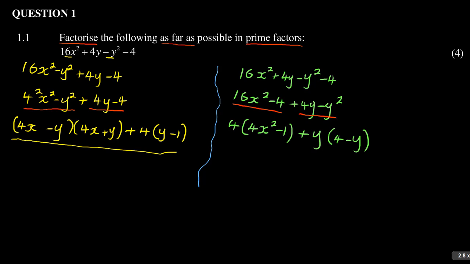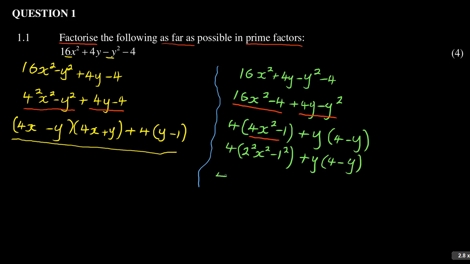But now in the first bracket, this is a difference of two squares, whereby I'll have 4 and 2 squared x squared. Remember, 1 is the same as minus 1 squared, plus y, 4 minus y.